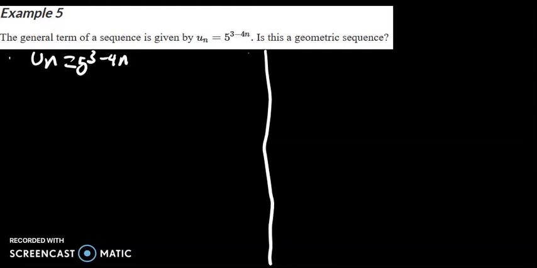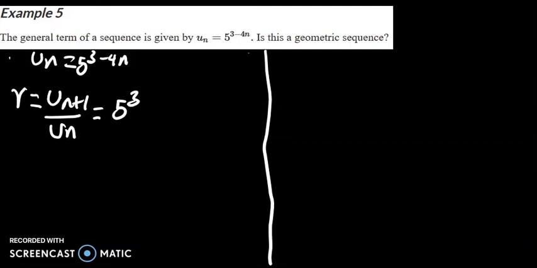Using this formula right here to check whether it's a geometric sequence or not, just put n plus 1 wherever you see n, divided by un, that's 5 to the power 3 minus 4n plus 1.